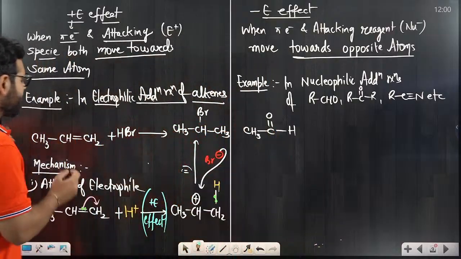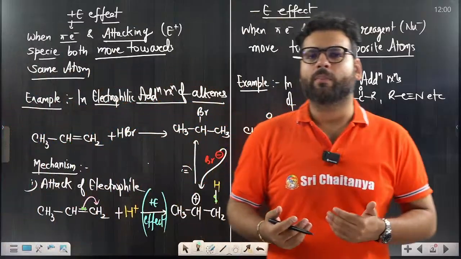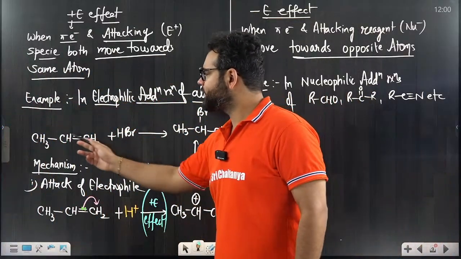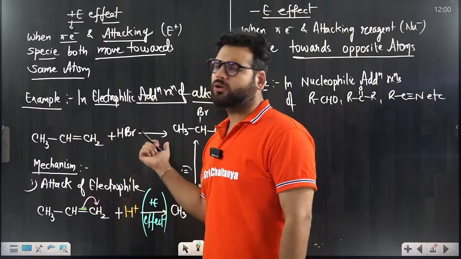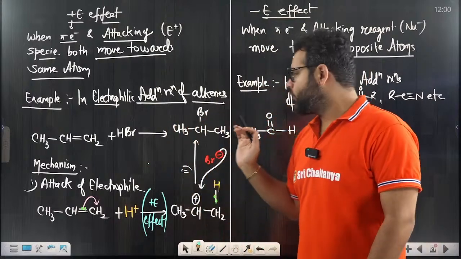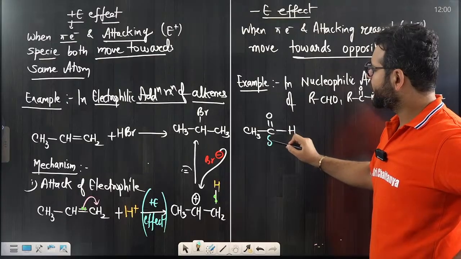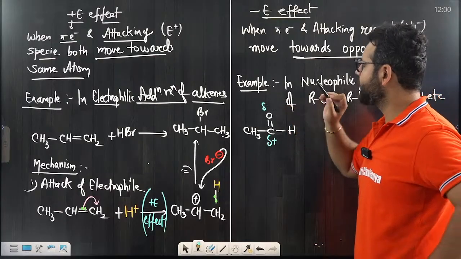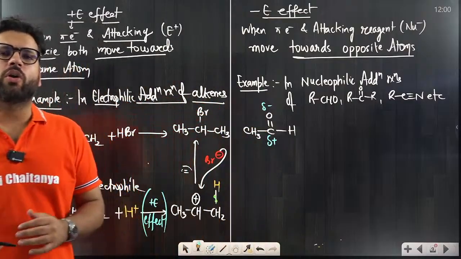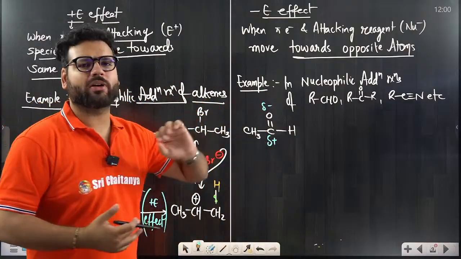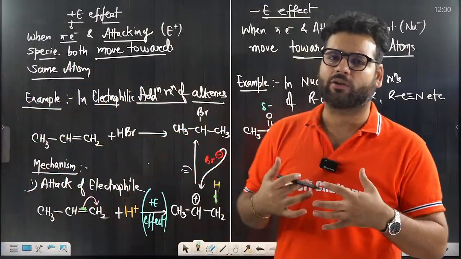When the pi bond was between carbon and carbon, there was no polarization because the two carbons have the same electronegativity. So pi electrons are neither attracted towards this carbon nor towards this carbon. But now here, this C=O bond is a polar bond where carbon will be partial positive and oxygen will be partial negative because oxygen is more electronegative. So already carbon is feeling some electron deficiency. Carbon wants some electron-rich person to come and attack it.